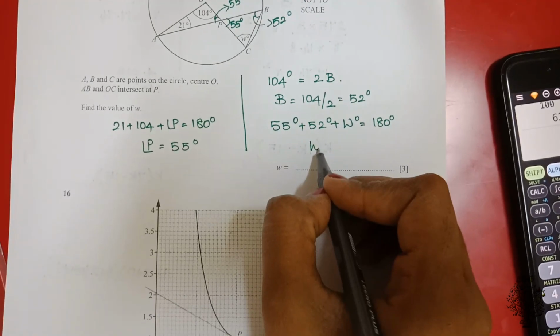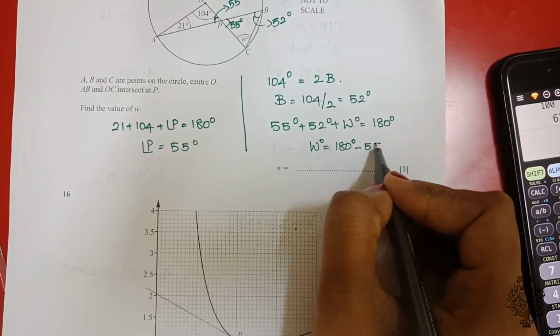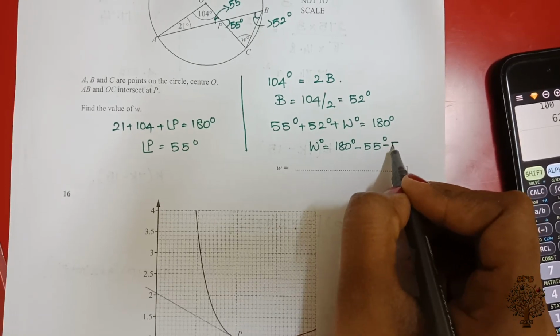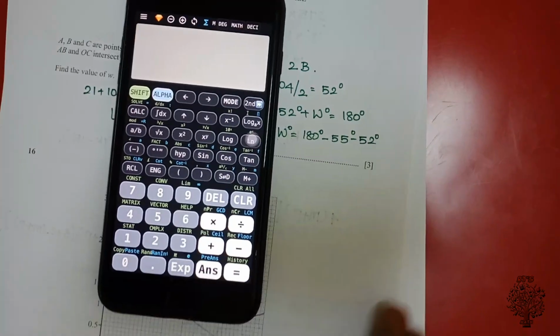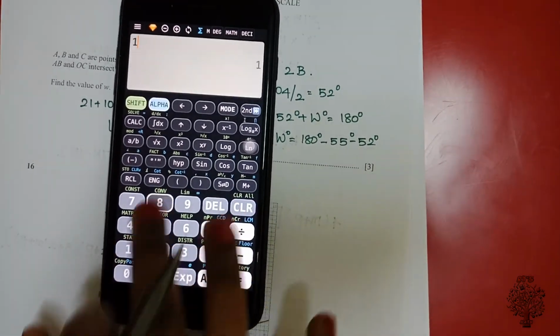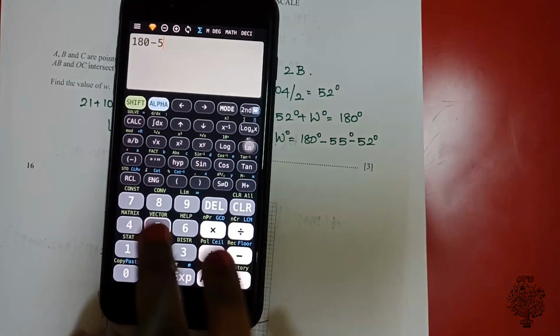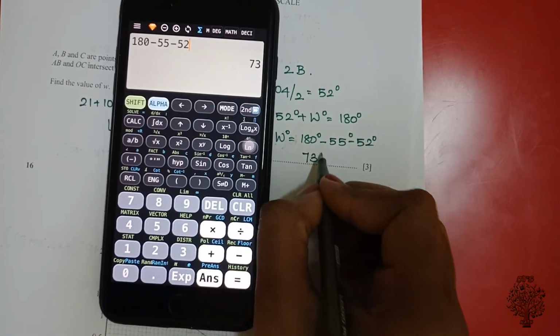Again, W degrees is equal to 180 minus 55 degrees minus 52 degrees. Okay, so you will be taking your calculator. 180 minus 55 minus 52, that is 73 degrees.